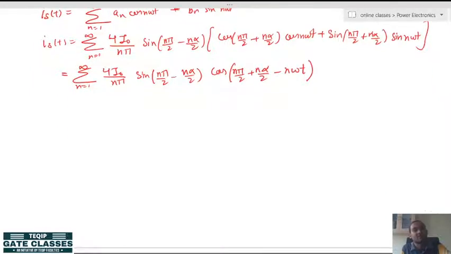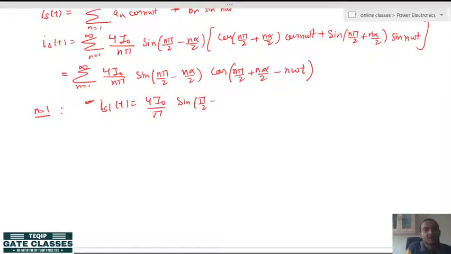So, let us derive. The second step was to extract the fundamental component. So, put n equal to 1 and you will get IS1(t) equals 4 I naught upon pi sin(pi by 2 minus alpha by 2) cos(pi by 2 minus alpha by 2 minus omega t).